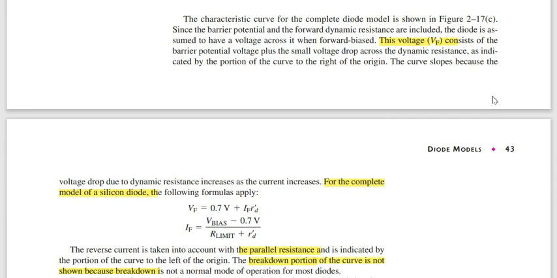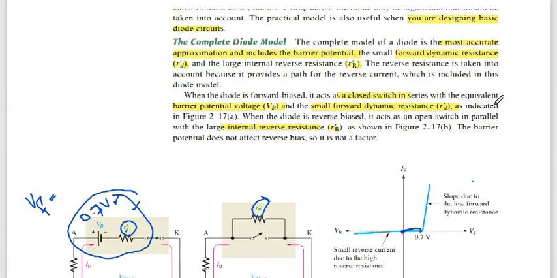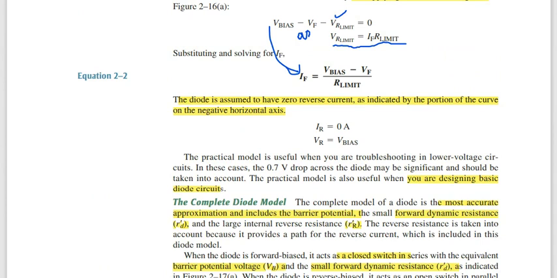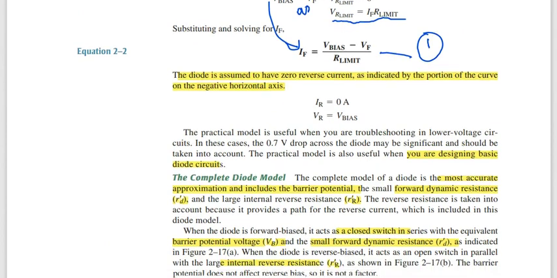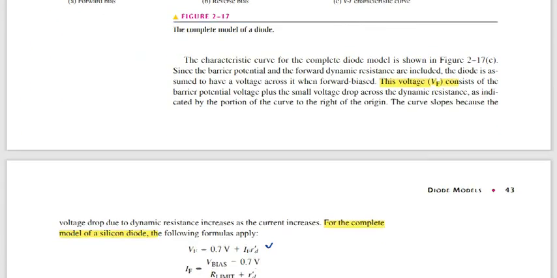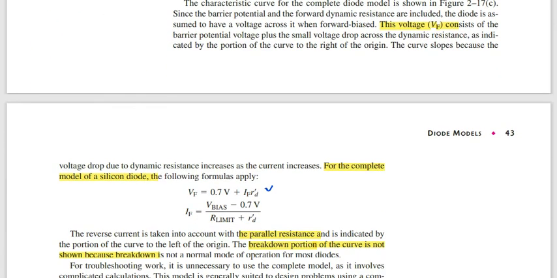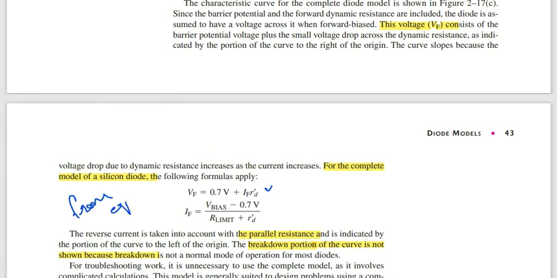IF is the forward current, and r prime D is the dynamic resistance. We can put these values into the upper equation. If I say this is equation 1, then from equation 1 we get it.